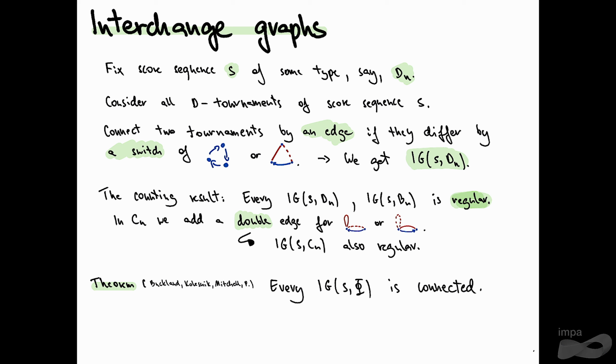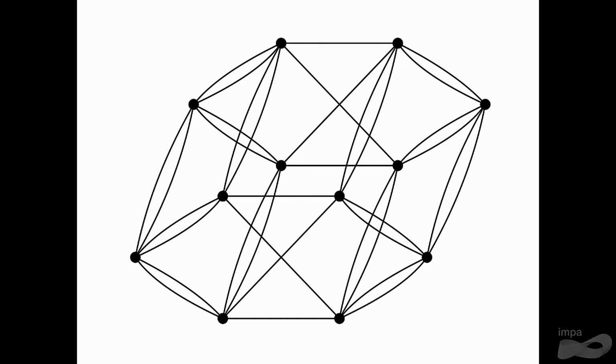Since it's regular, it will converge to the stationary distribution, being uniform. This is an example of an interchange graph in type C, with double edges for neutral structures involving loops.